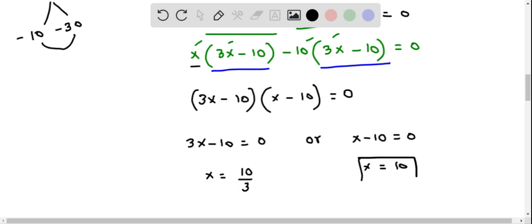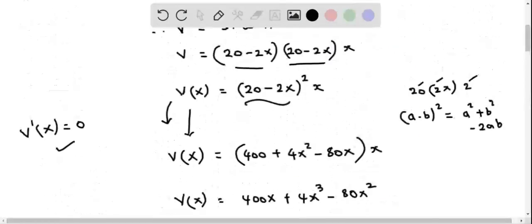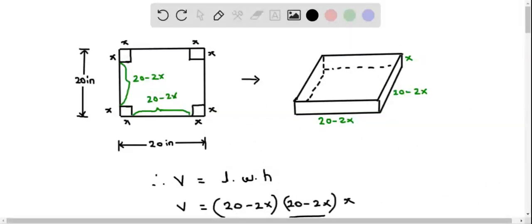Let's check whether both values are possible or only one of them. If you look at the problem situation, if we cut 10 inches from here and 10 inches from here, that leaves us with 10 plus 10 is 20.